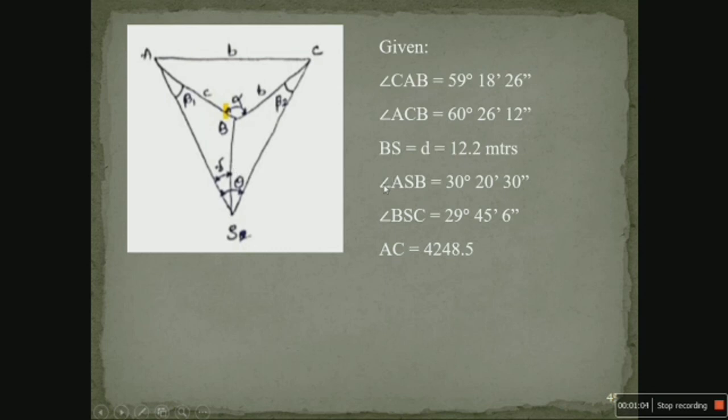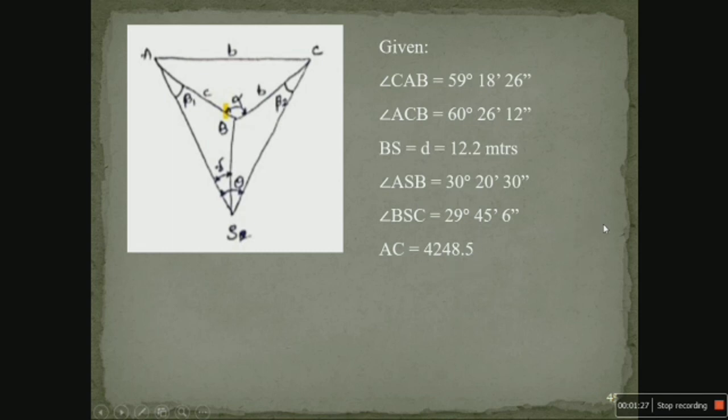Similarly, they have given the angle ASB, and the angle BSC. Then they have given only one length of the sides, that is AC, which is also in terms of meters.